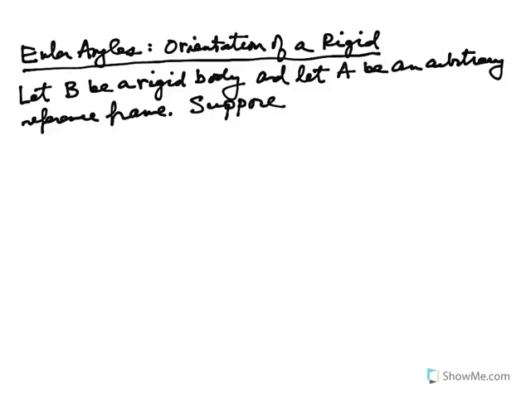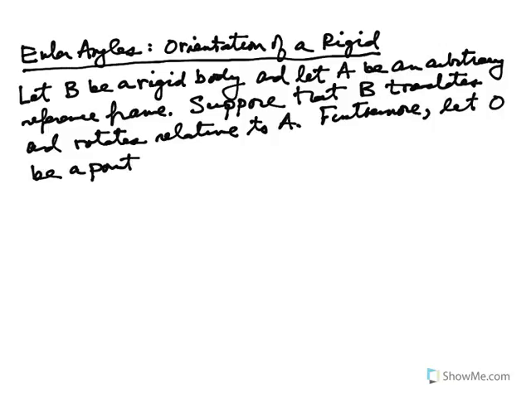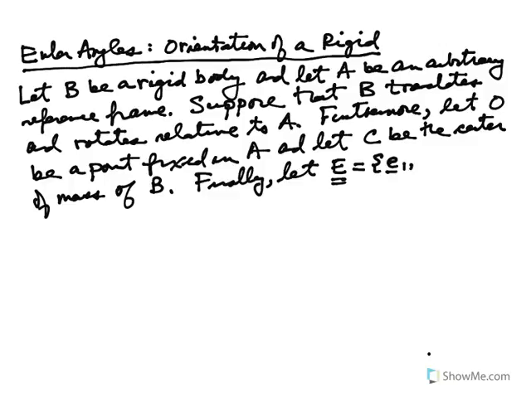Suppose that B translates and rotates relative to A. And furthermore, let O be a point fixed in A, and let C be the center of mass of B. And finally, I'm going to define E equals E1, E2, E3 to be a basis fixed in B.